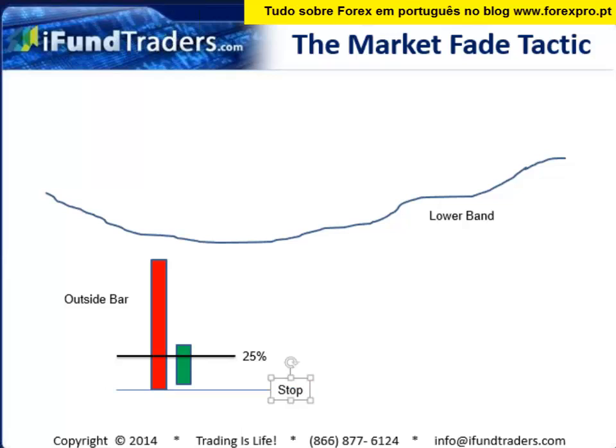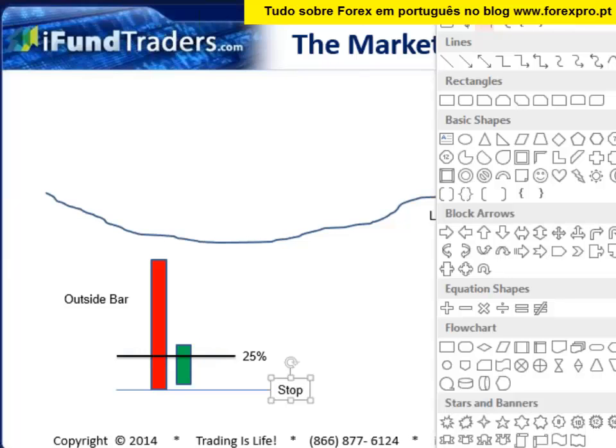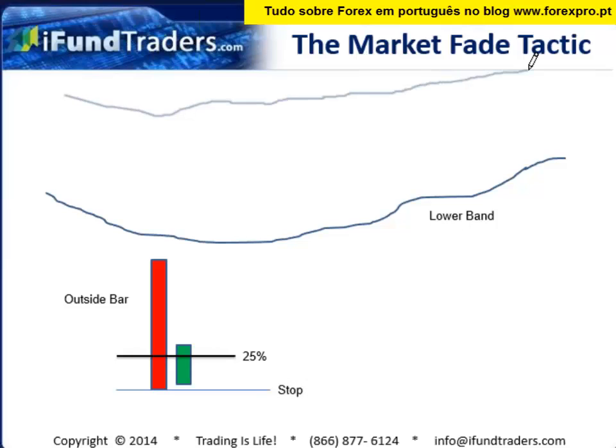And what we're looking to achieve is a move back toward the 20-period moving average, which is the middle of the band. That's our first target area.